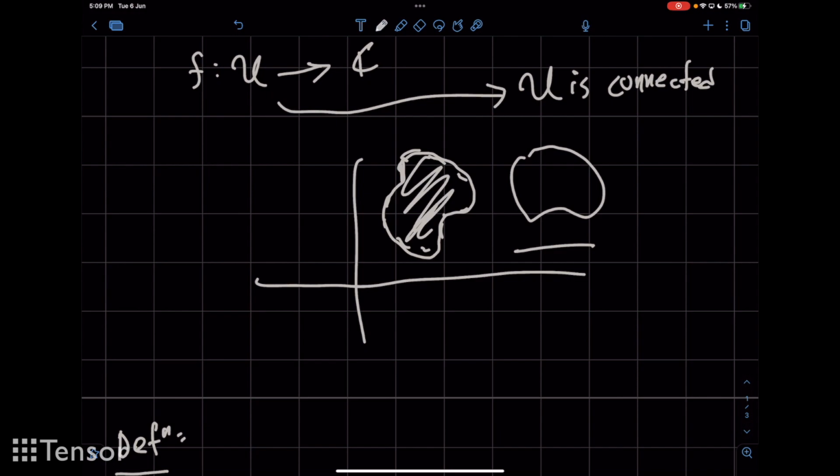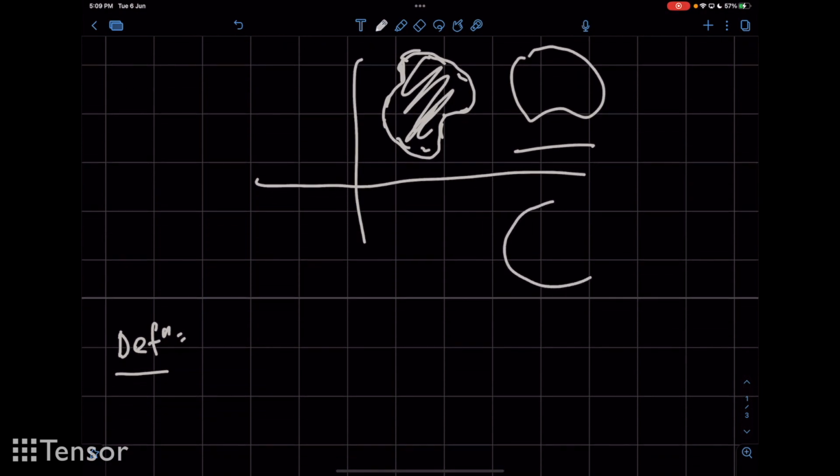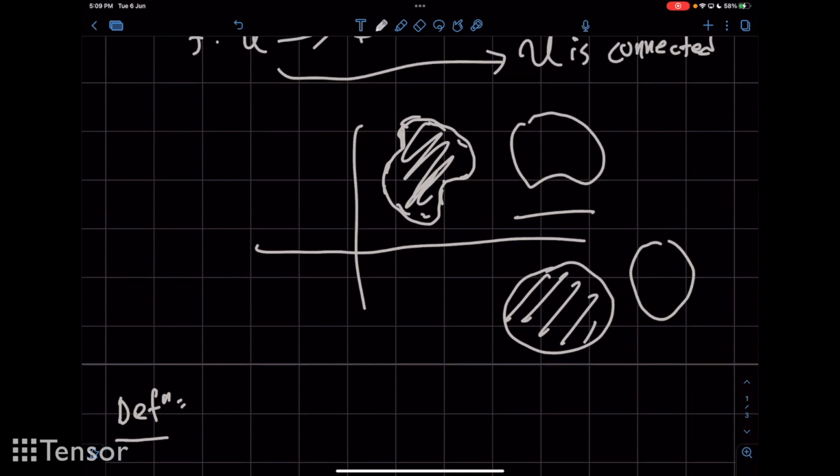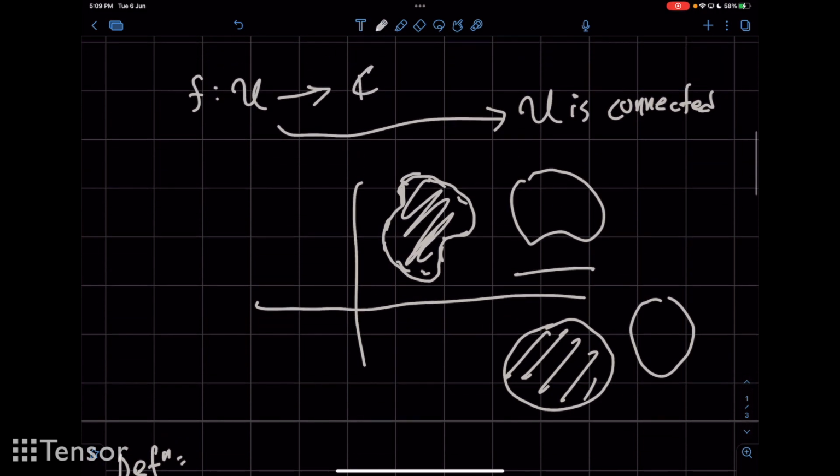So for that theorem to hold, I need my domain to be connected. Because if my domain is not connected, so let's say in this connected part, the function is defined in a certain way, and in this connected part, the function is defined in another way, then the theorem does not hold. So for certain results of complex analysis to hold, I need the fact that U is connected.